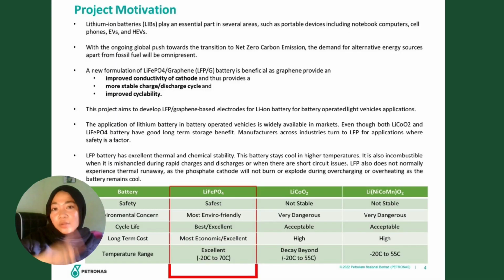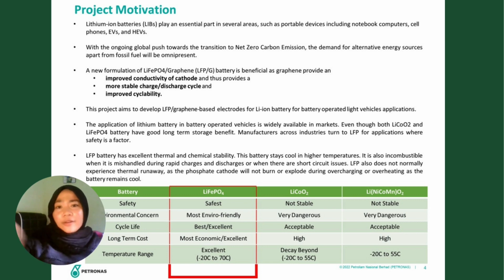Okay, next we go for the first project, which is smart batteries. So, what is the difference between smart graphene batteries and the commercial one? Smart graphene batteries are an improvement on the commercial one, in which they are doped with 1% graphene.